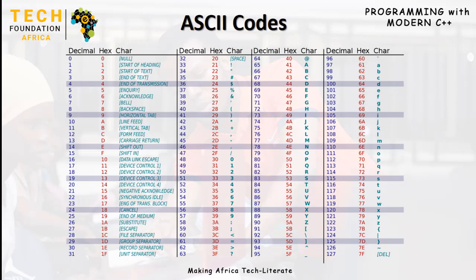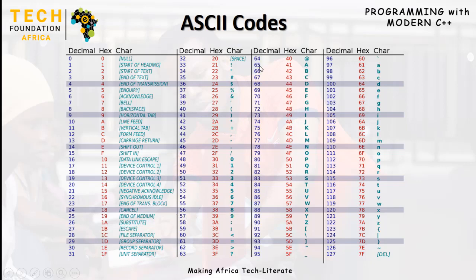This is a chart showing you the ASCII characters that we have. For instance, when I hit the space bar on my computer, the ASCII value associated with it is 32. The character 0 is associated with ASCII 48, and 9 is associated with 57.